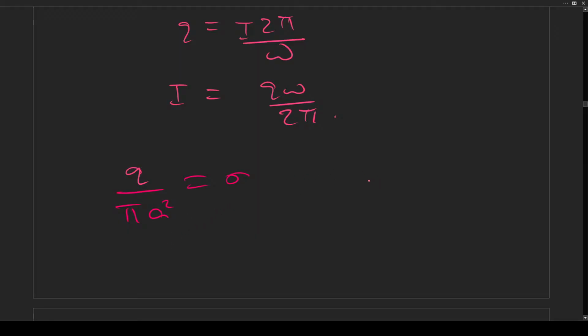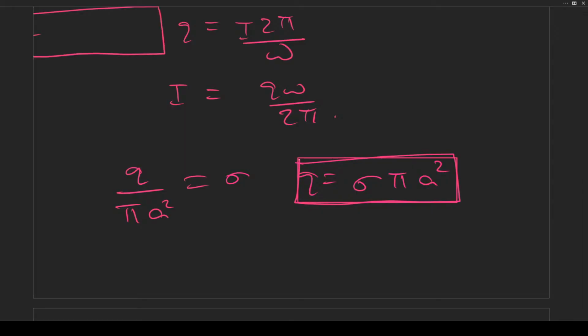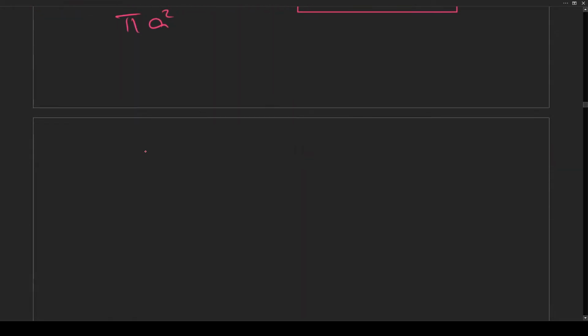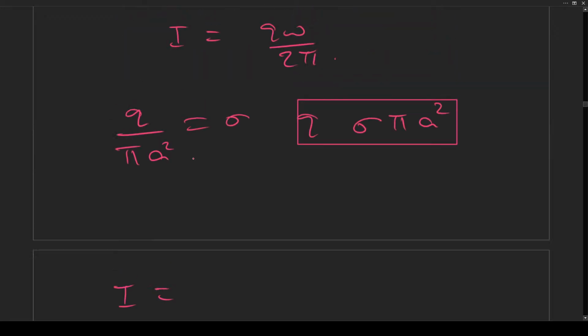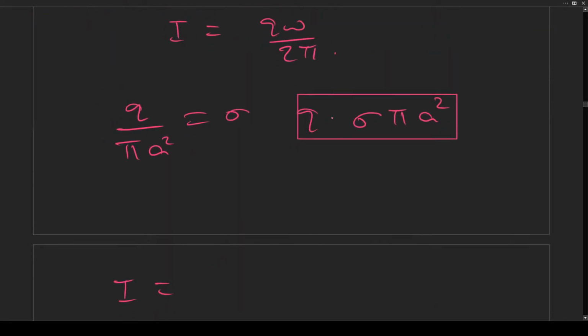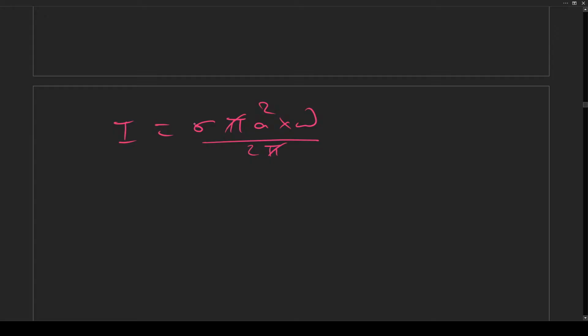So charge is equal to sigma pi a square, and substituting in the equation, I is equal to sigma pi a square times omega by 2 pi.